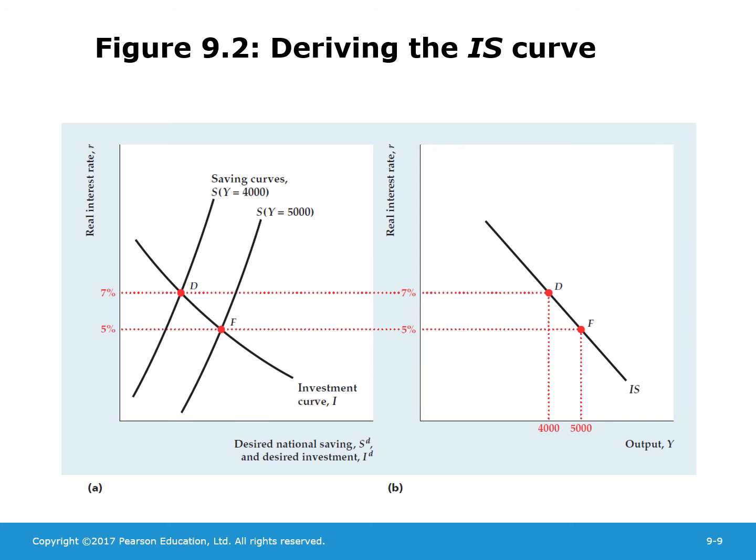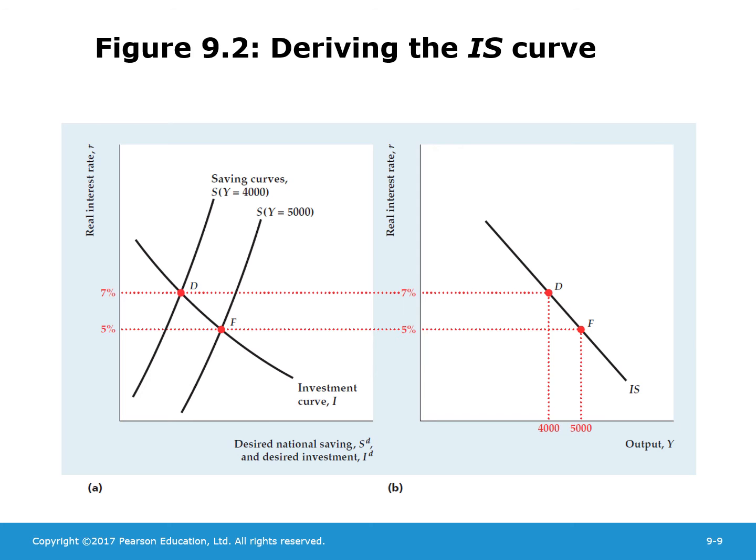What happens when this output or income y increases to 5,000? Remember from chapter 4, the variables that affect desired saving. What happens when the income or output increases? We said that when output or income increases, part of the increase in income will be devoted to consumption, and another part will be devoted to saving.